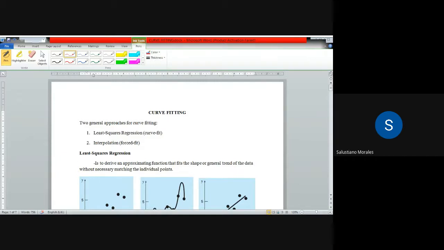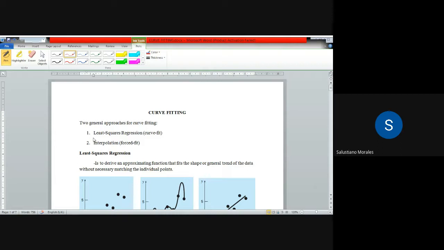So, curve fitting. There are two general approaches for curve fitting. The first one is the least squares regression, or the curve fit, and the other one is the interpolation or force fit.